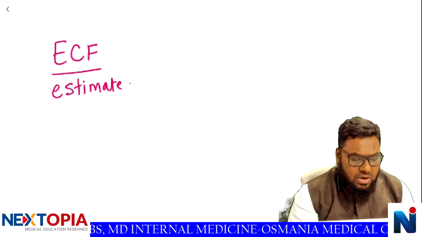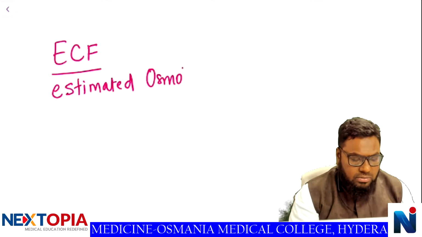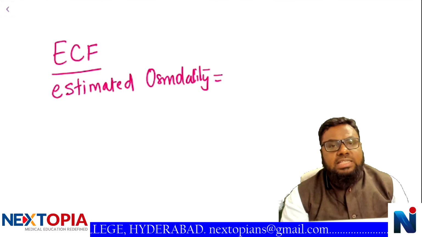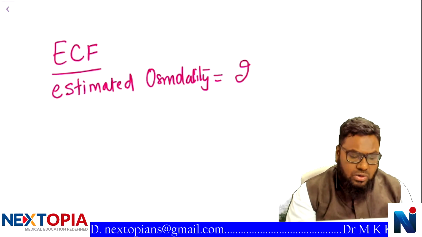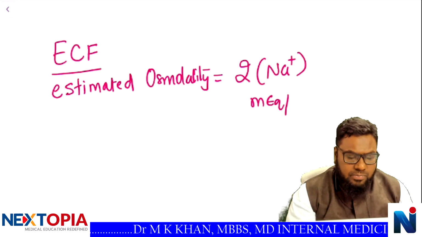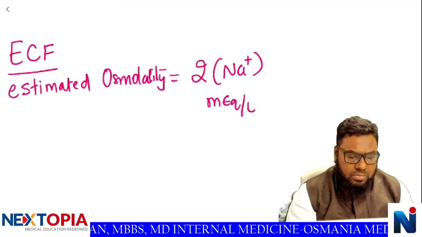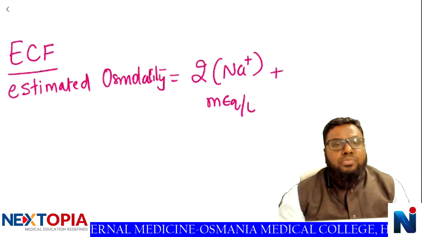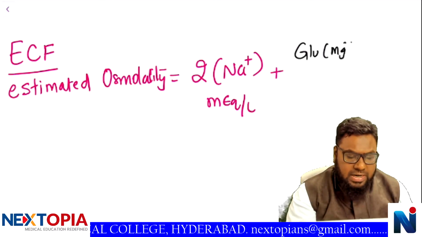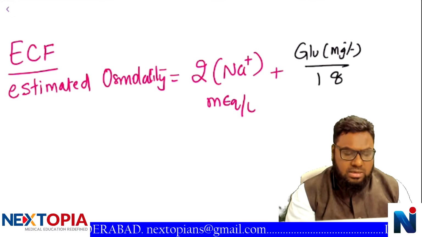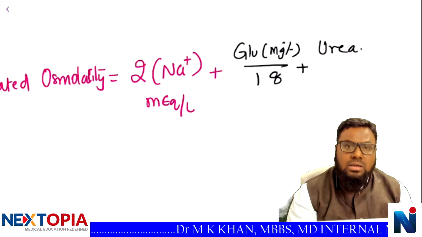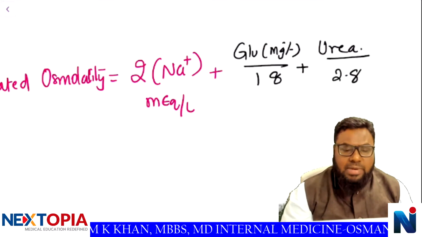Estimated osmolality of ECF, that is in milliosmoles per liter. The ECF osmolality is calculated by 2 times the sodium concentration in milliequivalents per liter, plus glucose in milligrams percent divided by 18, plus urea divided by 2.8.